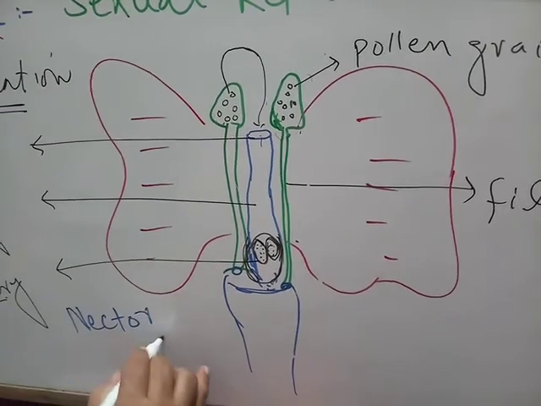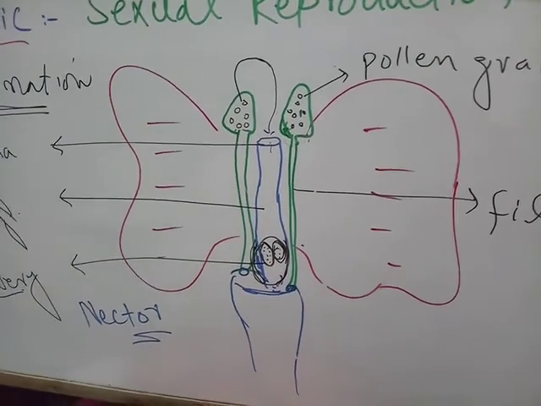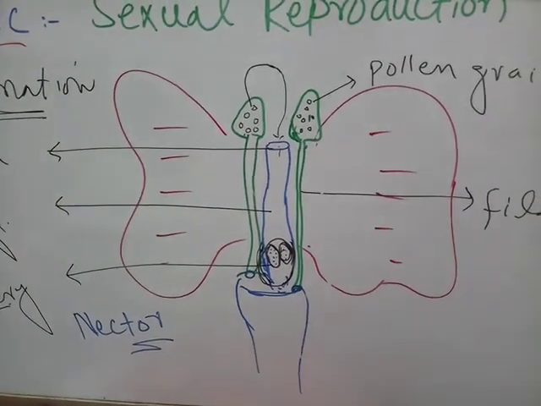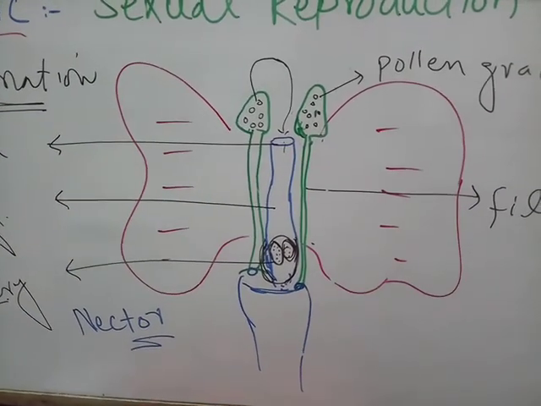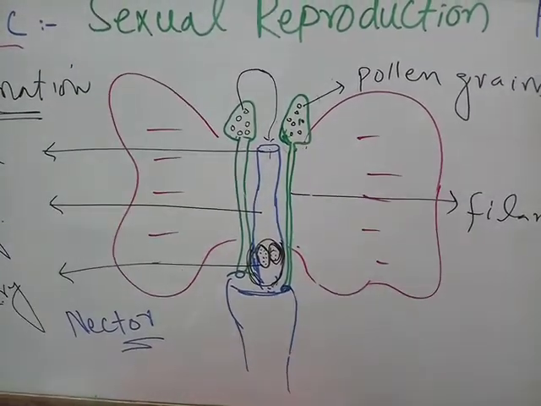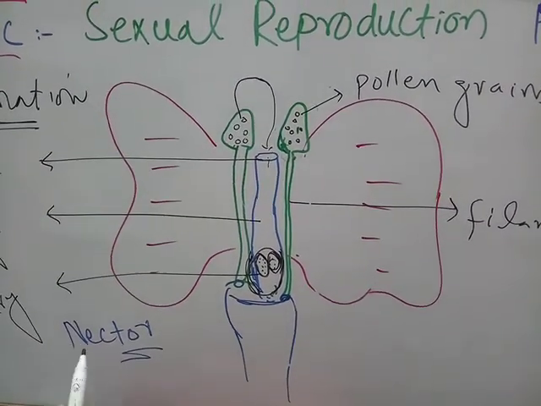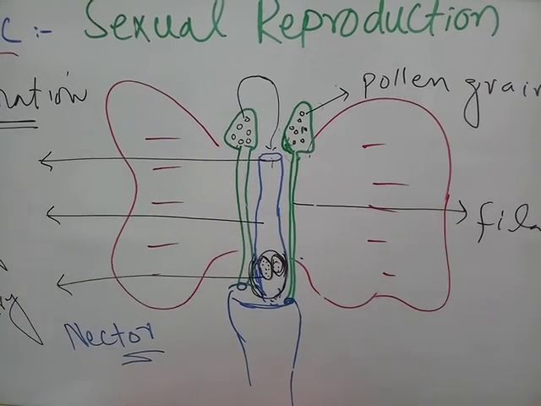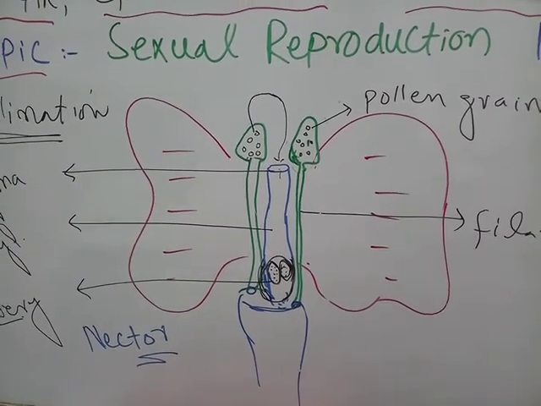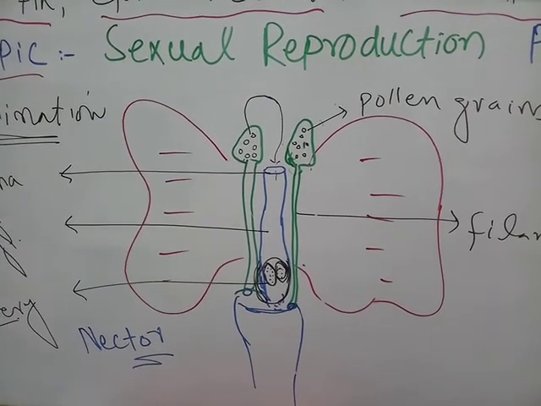This is the same liquid. The bees, flies, butterflies, dragonflies, various insects are attracted to the flower, and they suck this nectar. For example, bees suck it and go to the beehive and form honey.